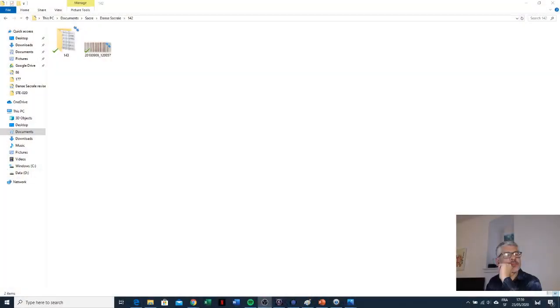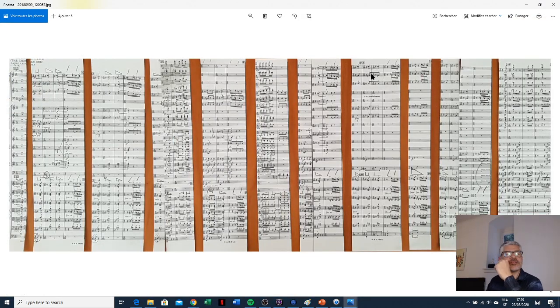Now I'm going to go back to my desktop, and I do apologize for the old-fashioned way of notating this, but it did the job. And this is going to be very quick.